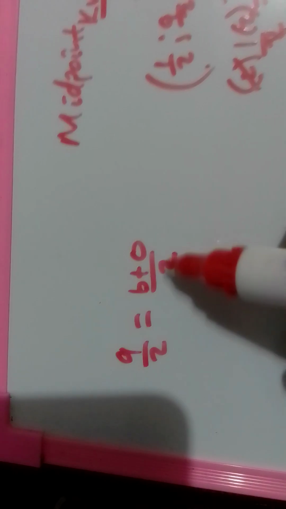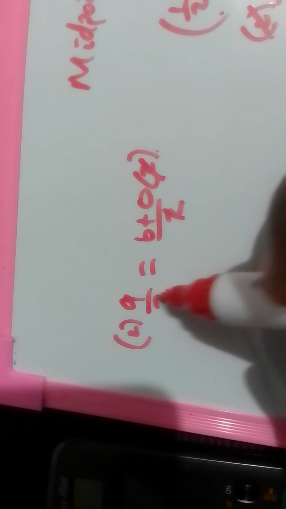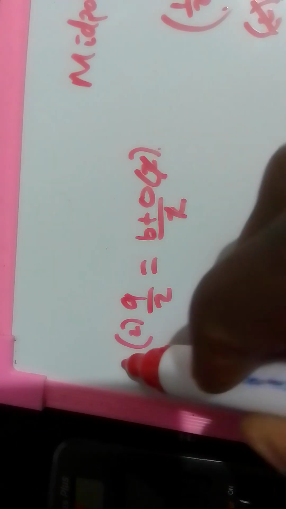We need to get rid of these 2s. We follow the same procedure. We multiply by 2 here and we multiply by 2 there, so this 2 cancels out that 2. Then we multiply by 2 here, and we multiply by 2 there. These 2s cancel out.